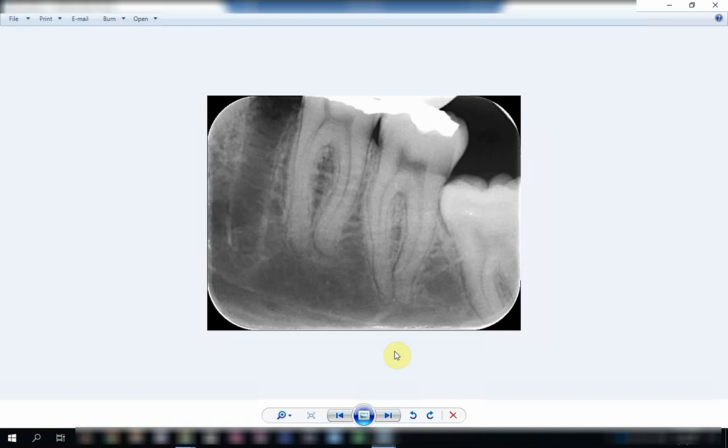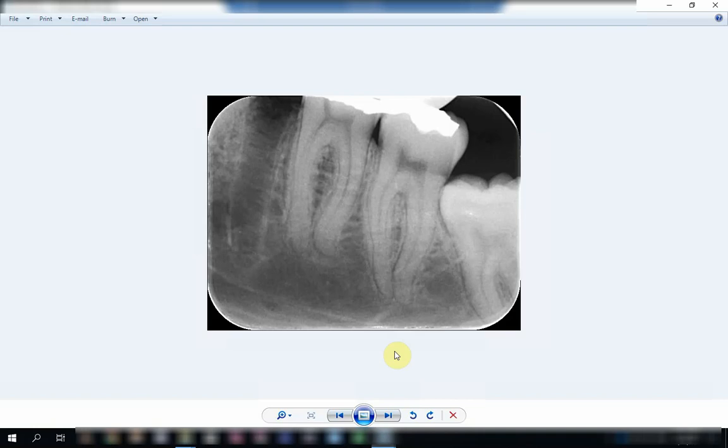In this session or video we're going to discuss an important issue which is sometimes mixed or misinterpreted as disease, and this is the mental foramen and its position in relation to the apex or the root of the lower premolars.